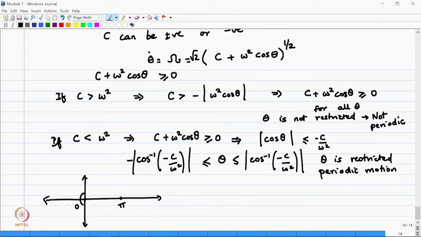The case where C is larger than omega square is the rotary case, where the motion is given by rotations. Here you have these motions.